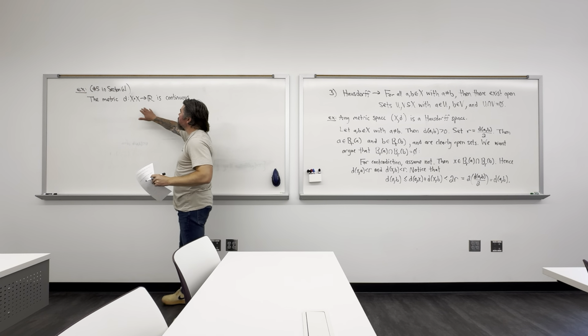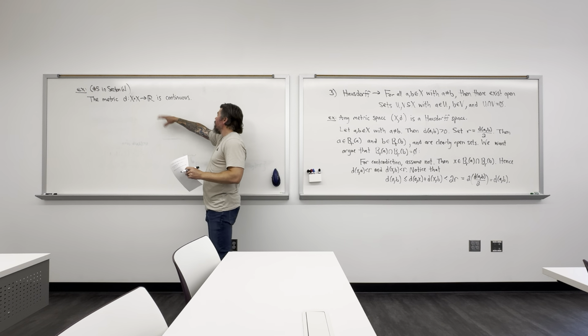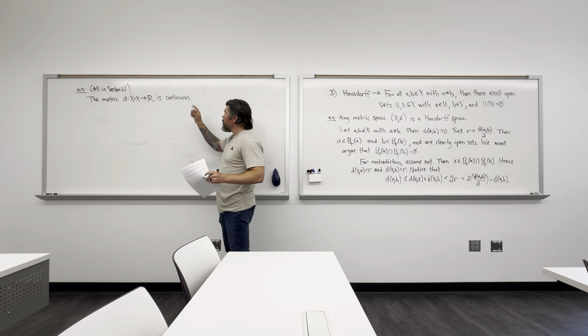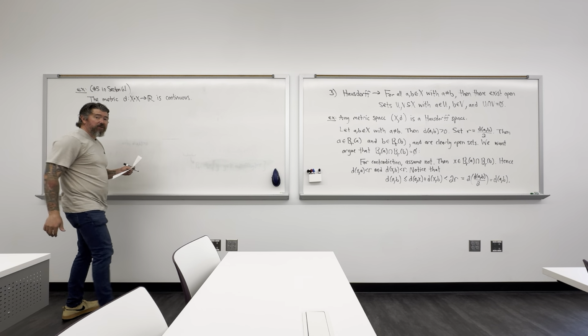Remember, D was a real valued function. This metric is a real valued function, and this problem is saying that the function is continuous.